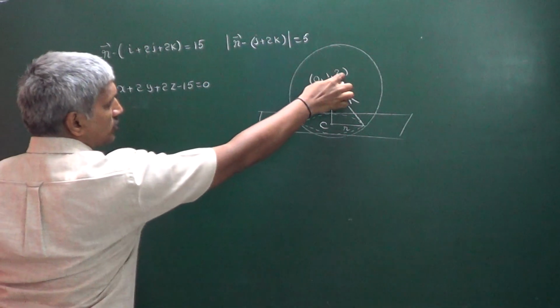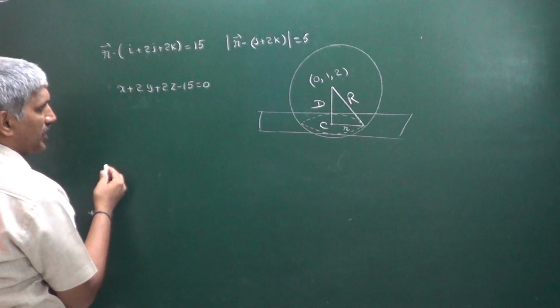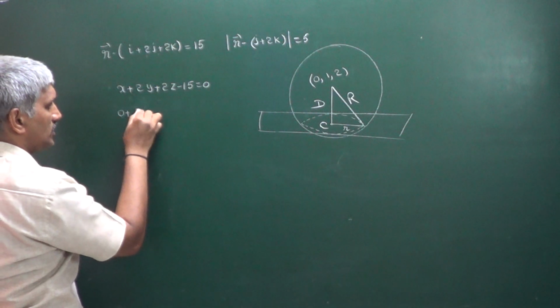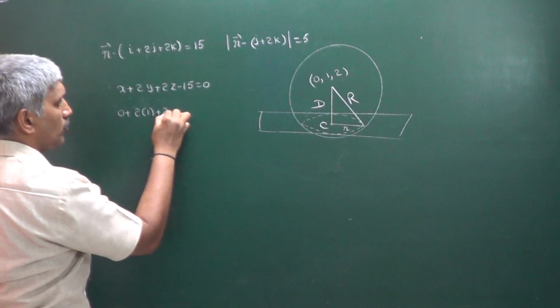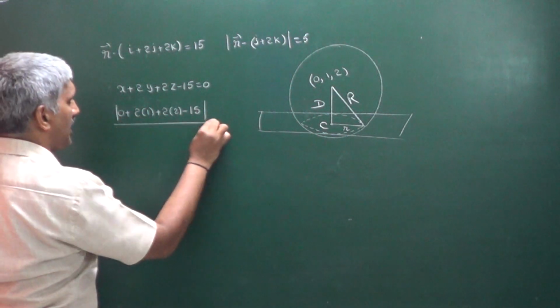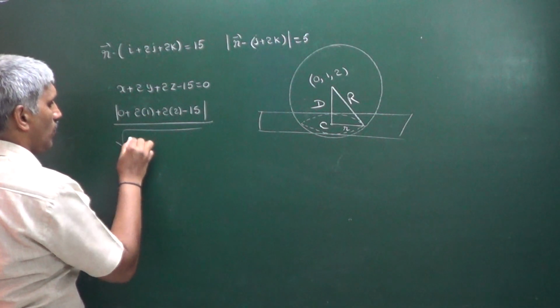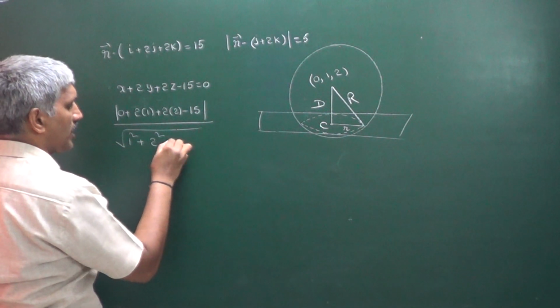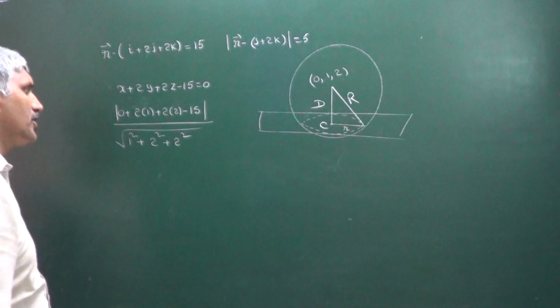From (0, 1, 2) onto this plane, the perpendicular distance is modulus of 0 plus 2 into 1 plus 2 into 2 minus 15, divided by square root of 1 square plus 2 square plus 2 square. That is the perpendicular distance.